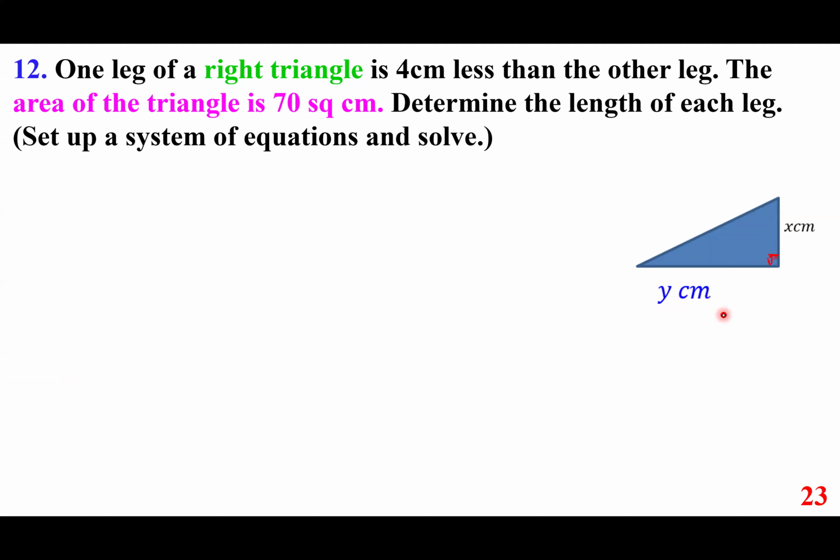And the relationship is that one leg is 4 centimeters less than the other. So that means X seems to be smaller. So X must be Y minus 4. That's the meaning of the first one, everybody.